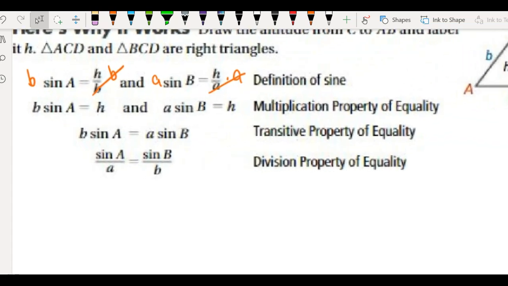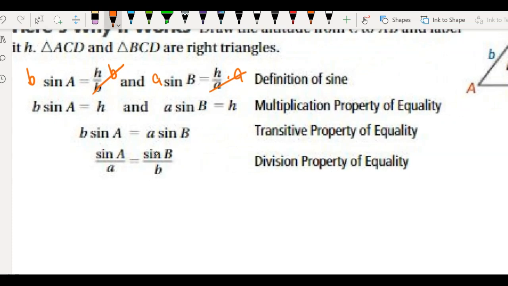So on this, what did they do? Well, let's divide this side by a, and then the a cancels out. And what we do over there, we have to do over here. So let's divide this side by a. Now let's divide by b, and these b's are going to cancel out.